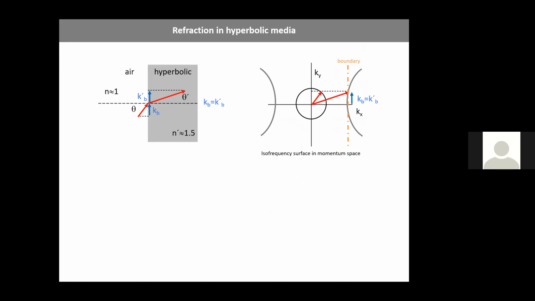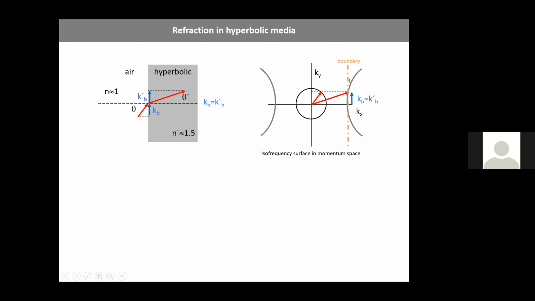But what happens now if you have a hyperbolic medium? We saw that we have polaritons in this hyperbolic medium, so we were interested in this. So what happens if we have, instead of an isotropic medium, a hyperbolic medium? Instead of the circle, we have a hyperbola.